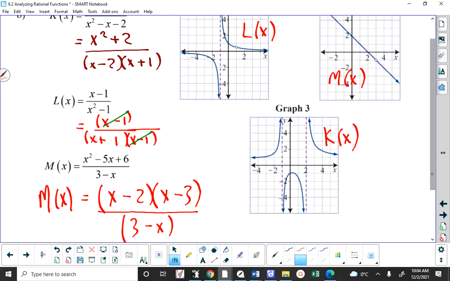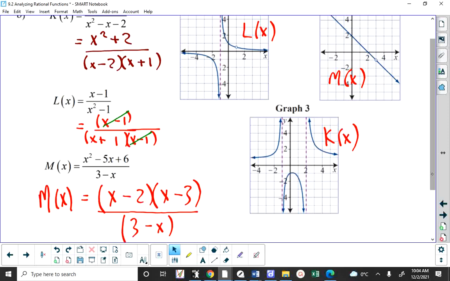You only ever cancel if there's a factor that's canceling, which means it has to be in brackets, multiplied by everything else on the top, and multiplied by everything else on the bottom. But it has to be identical. X minus 3 and 3 minus x are not the same. How many of you know the kind of shortcut workaround here? If you don't, ask yourself what you can do to one of those factors to turn it into the other factor. The shortcut is to cancel them and throw a negative somewhere.